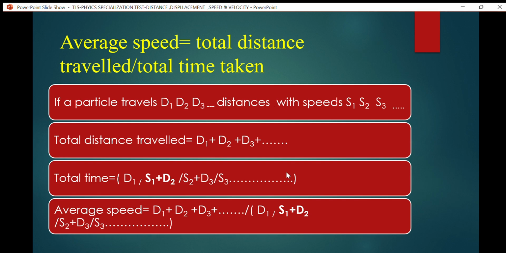So the last formula can be used to find out the average speed. This is a very important equation to find out the average speed. If we compare uniform speed and non-uniform speed, most of the bodies will be having non-uniform speed. So this formula is important to find out the average speed.